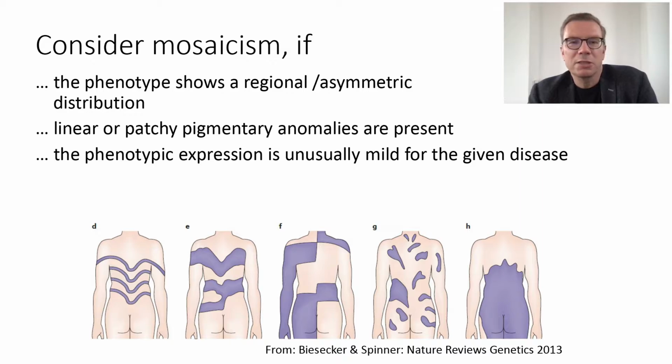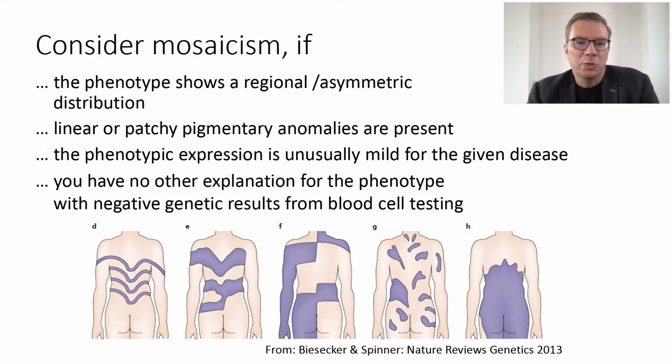We usually consider mosaicism if, for example, the phenotype shows a regional or asymmetric distribution, if linear or patchy pigmentary anomalies are present, or if the phenotypic expression is unusually mild for the given disease. But actually, we have to consider mosaicism in every case where you have no other explanation for the phenotype and negative results are obtained from blood cell testing.